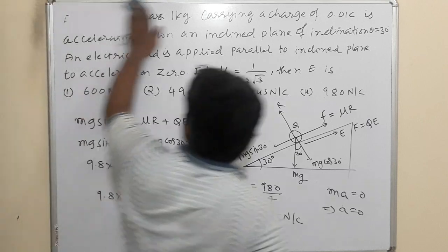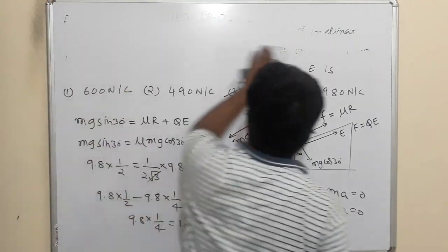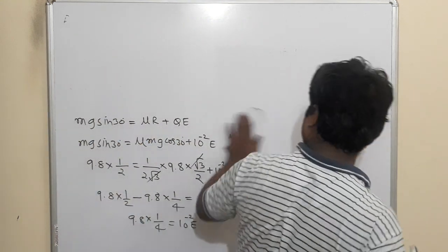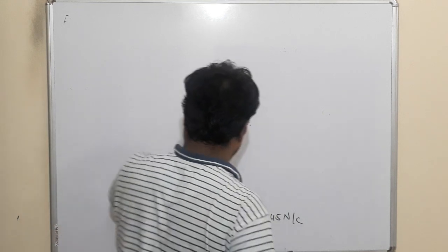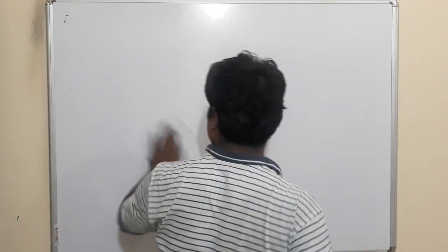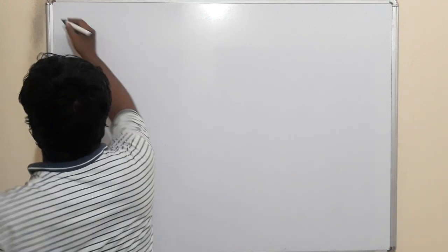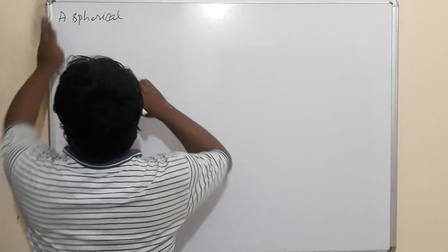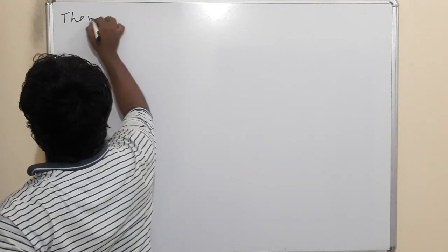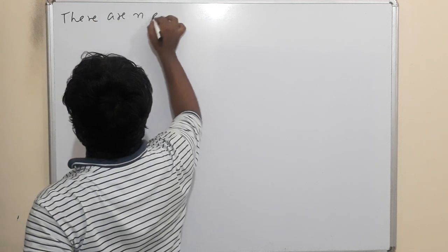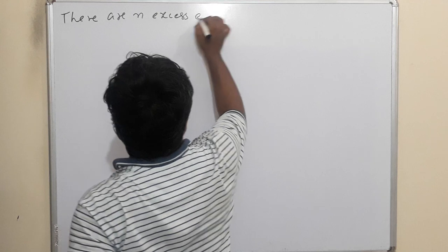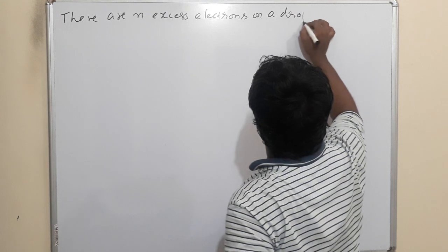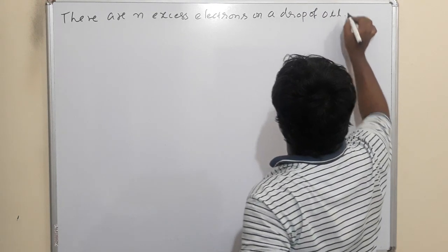Okay, I will run it. This is an NCERT problem. Now, a spherical ball or a spherical, let's start it like this. There are n excess electrons on a drop of oil.